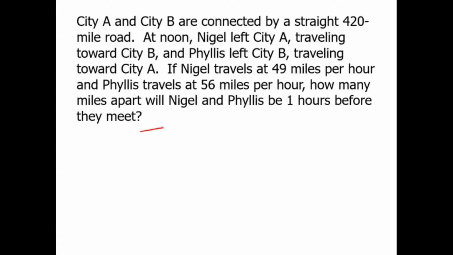They're going in opposite directions, and so the gap between them will be shrinking at the velocity that is the sum of those two velocities. So 49 plus 56 equals 105. The gap between them is shrinking at 105 miles an hour.